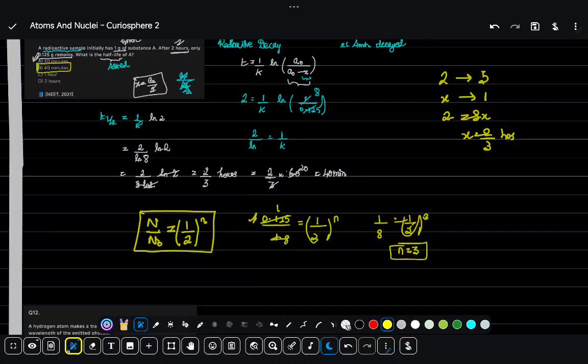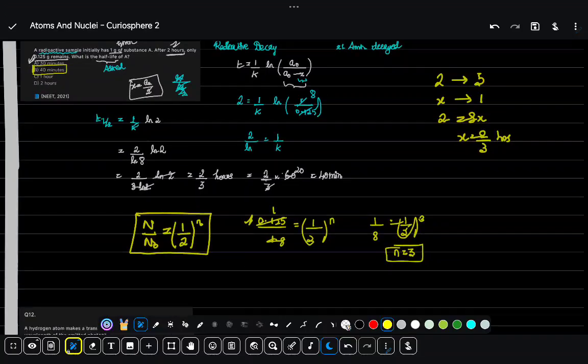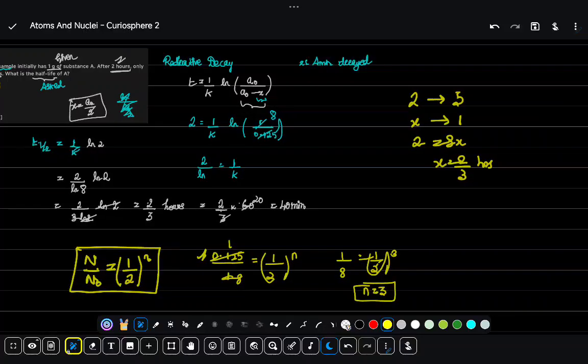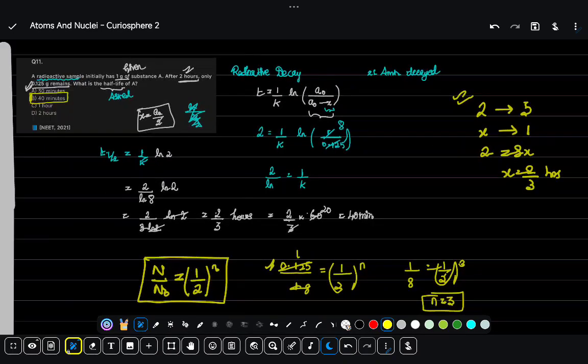Now finding how many half-lives are there, we get 3 half-lives within 2 hours. If there are 3 half-lives within 2 hours, then within how many hours will there be 1 half-life? You're using just basic math, the unitary method, and finding 2 by 3 hours, and 2 by 3 hours is nothing but 40 minutes.